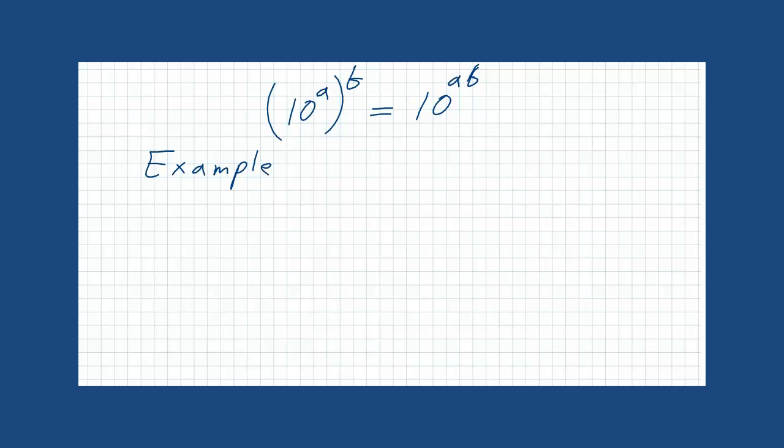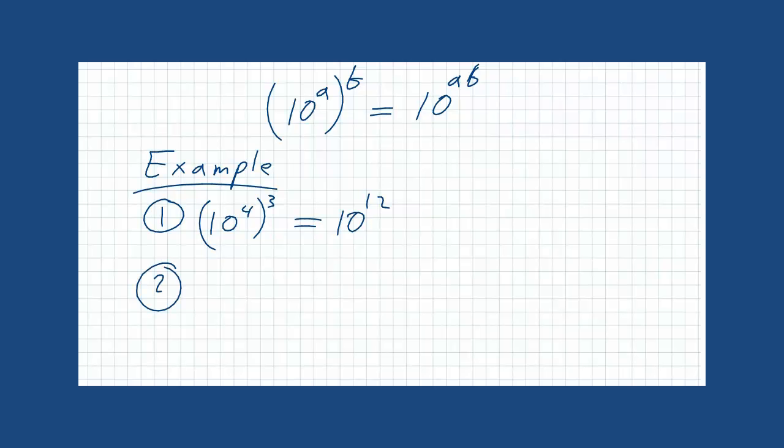Some examples on that. Example 1, 10 to power 4, and all of them raised to power 3. The answer is 10 to power 12. Example 2, 10 to power negative 5 raised to power 2.